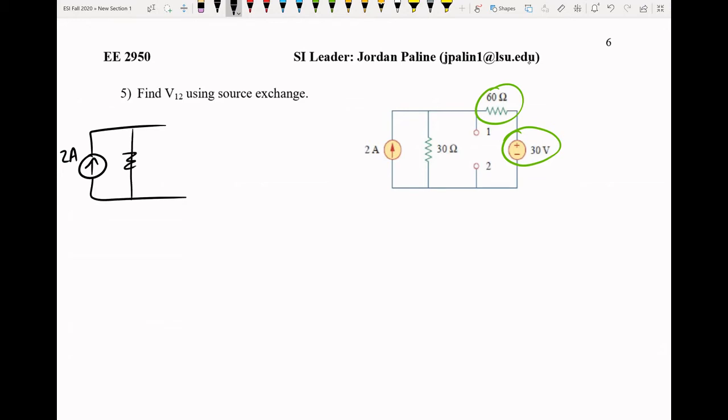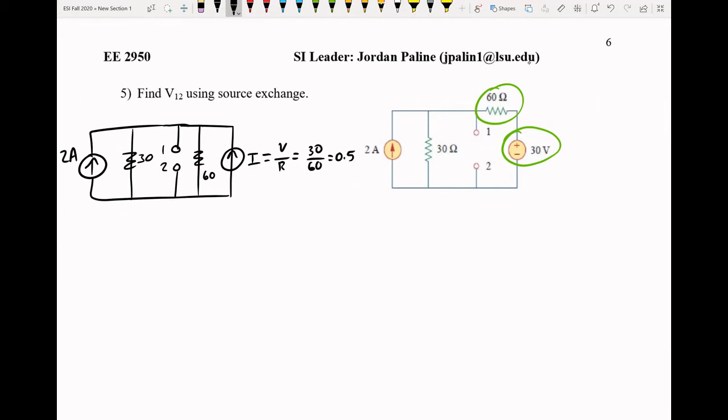This will be 30. One, two. This will be 60. And now this I will be equal to V over R, which will be 30 over 60, which will give us 0.5.